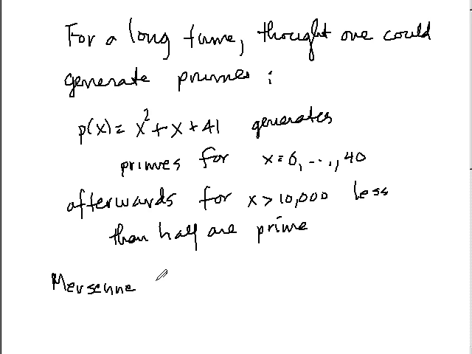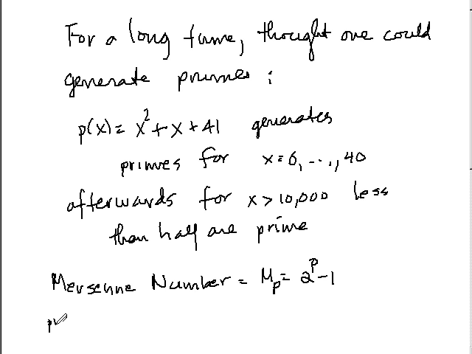So Mersenne numbers: M_p is 2^p − 1, and this is often a prime. For example, the 7th Mersenne number happens to be a prime.